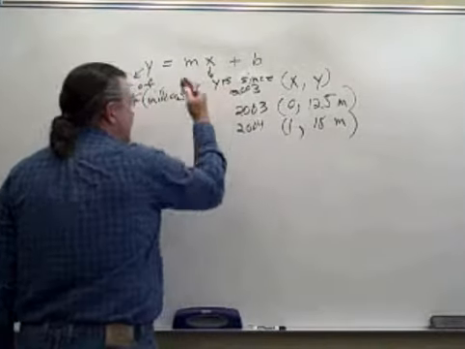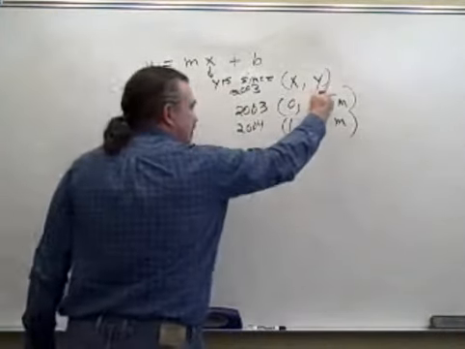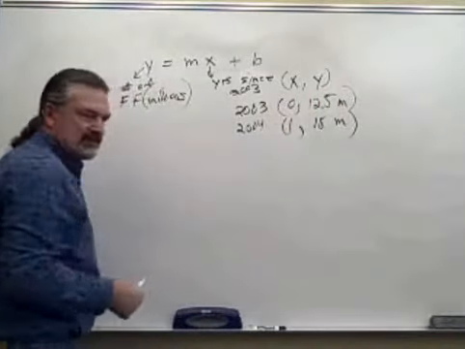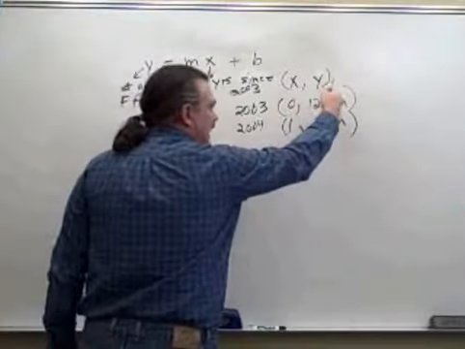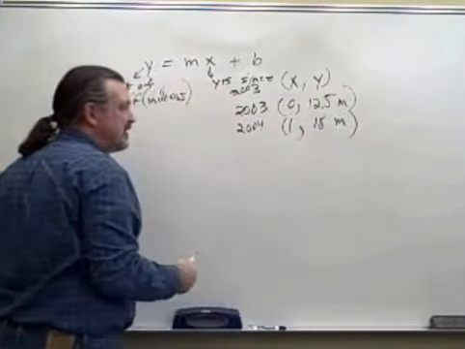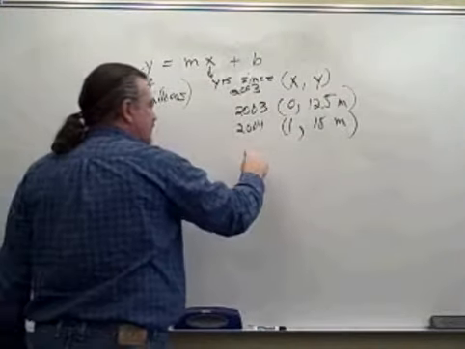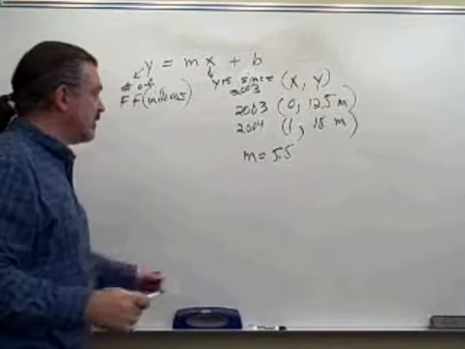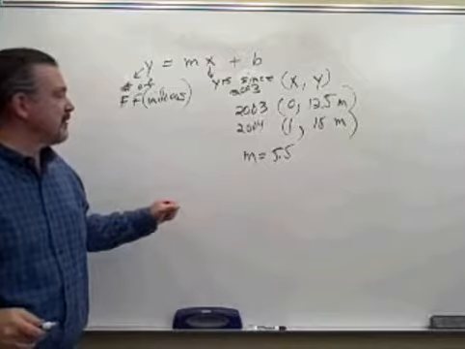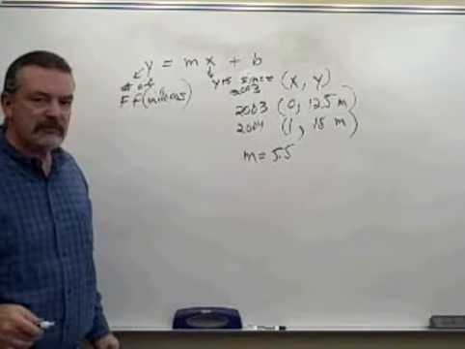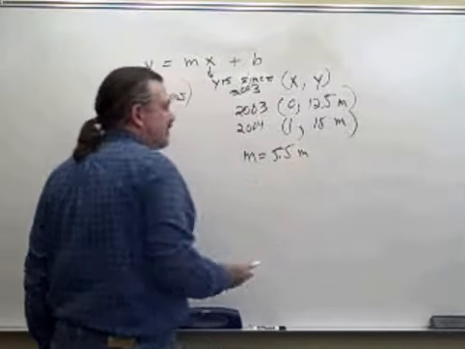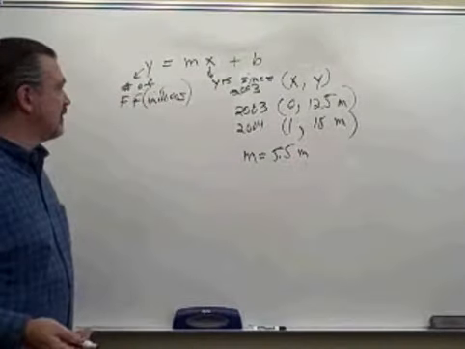And how do I find the m value? Change of y over change of x. Well, that's nice. Change of x is just 1. Change of y, 12.5 to 18, that's 5.5. In that 1 year time period, the number of fly fishermen increased 5.5 million. So that's 5.5 million per year.